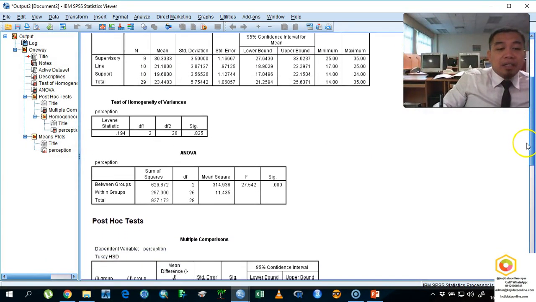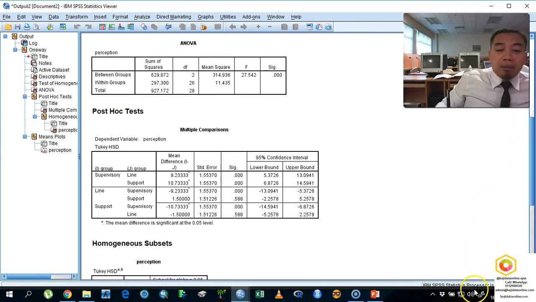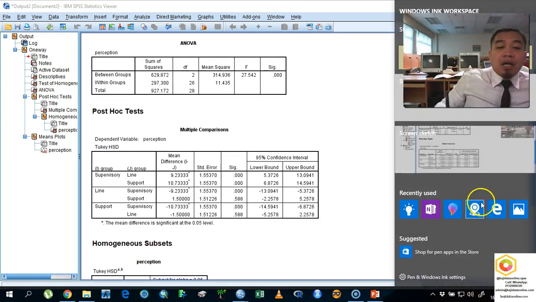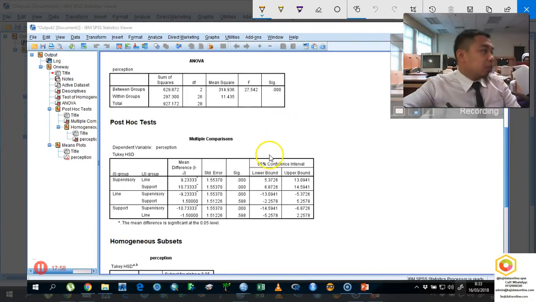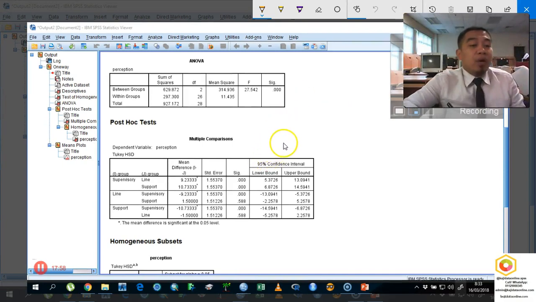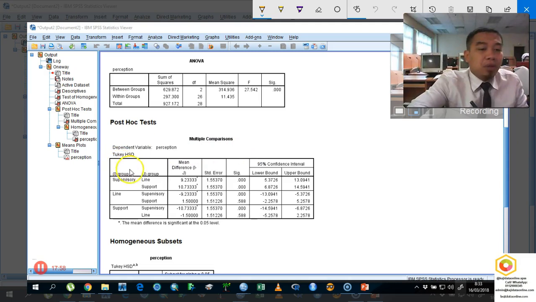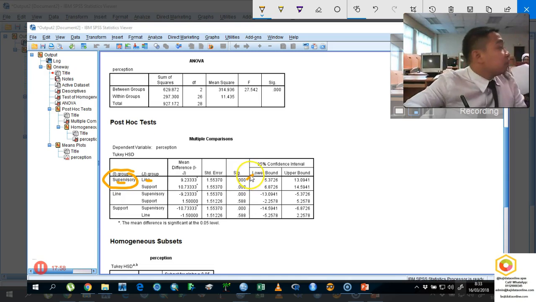Under the ANOVA table, this is what I'm talking to you about, the post-hoc analysis or post-hoc test. Why do we need a post-hoc? Post-hoc is actually to see the difference is in between which ones. For example, this one, you want to see supervisor and line. Got different or not? Got different. This one, supervisor and support.